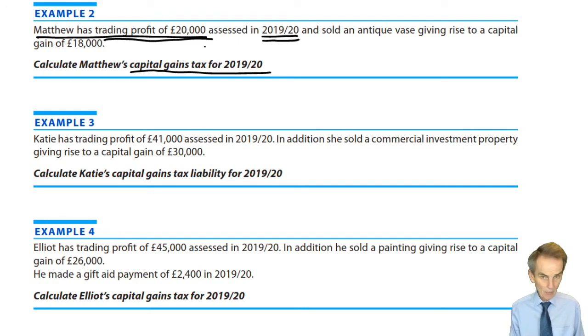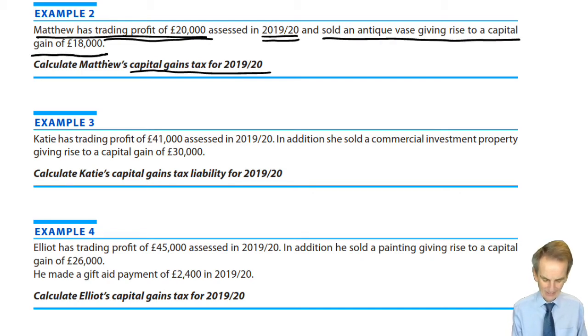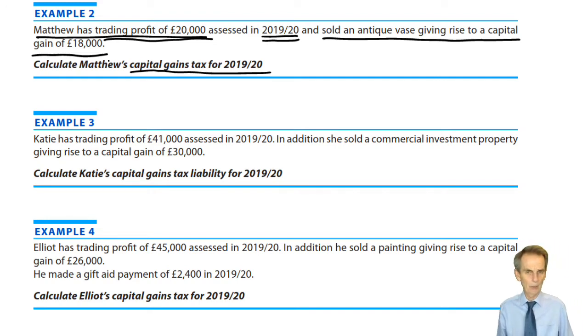So we've got a trading profit of £20,000 for 1920. So we're given information about income, we are not given the taxable income. And we sold an antique vase, giving rise to a capital gain of £18,000. So we're given income and gains figures. We are not given taxable income and taxable gains figures. Those are what you now have to compute.